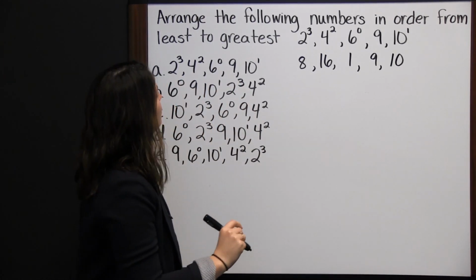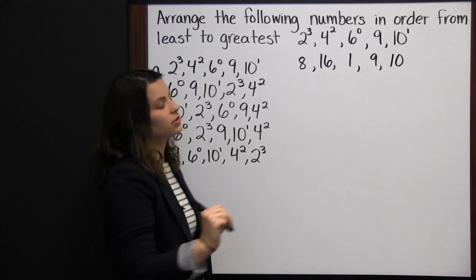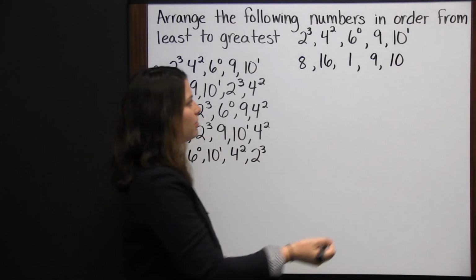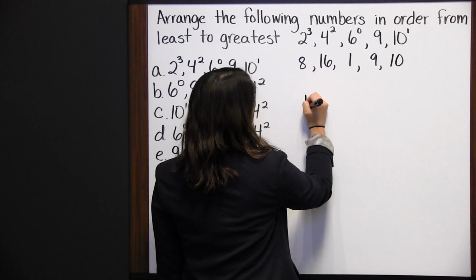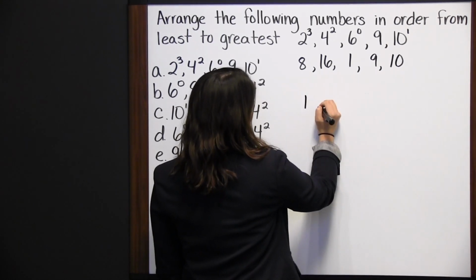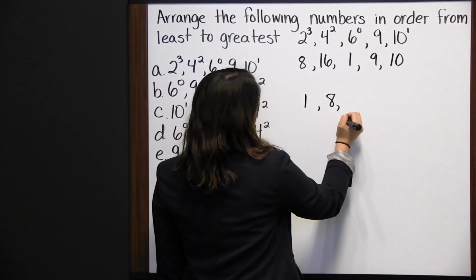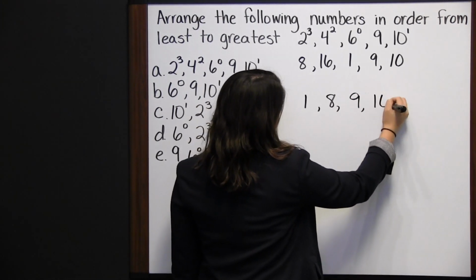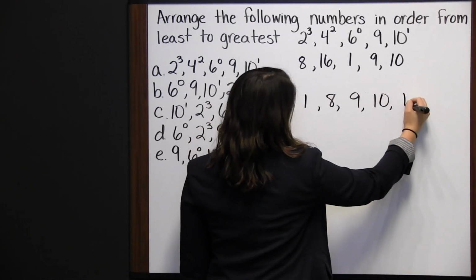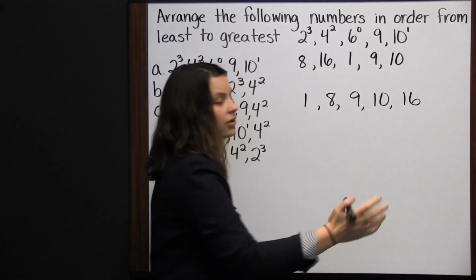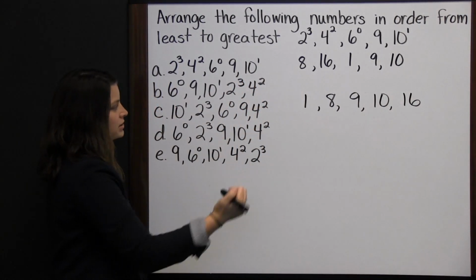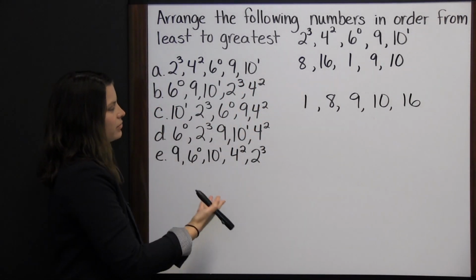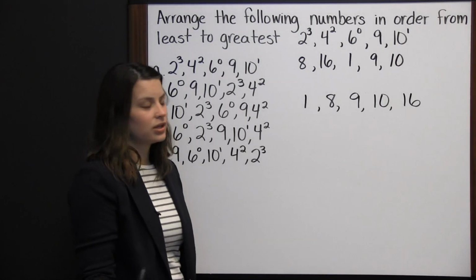And now they want these numbers in order from least to greatest. So the smallest number would be 1, followed by 8, then 9, 10, and 16. But of course, those are not in our answer choices because the numbers are written as they originally were.